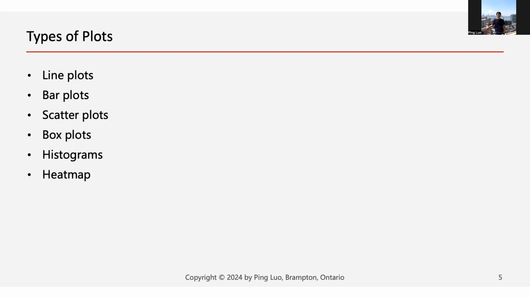So there are many types of figures, but today we will mainly discuss these 6 types, because some of the figures look very fancy but are only used for a specific task. These 6 are frequently used in our everyday life.